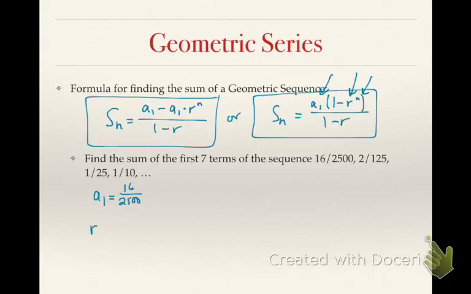I can find the common ratio by dividing any two consecutive terms. Now in this particular case, it might be easier to divide the last two, because we're doing some crazy fractions in the beginning. So I'm going to do 1/10 divided by 1/25.